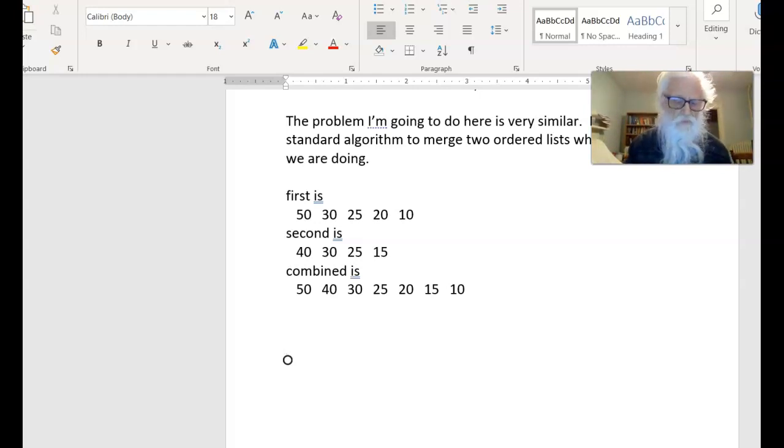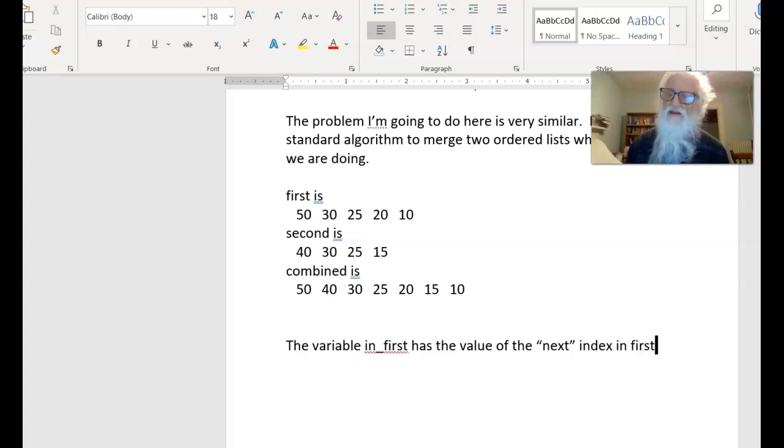So, the variable in first has the value of the next index in first, and similarly for in second, and I'm going to have something called in combine also.